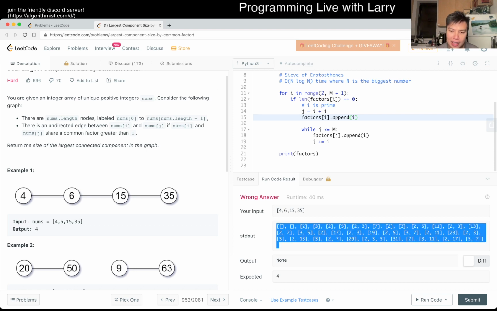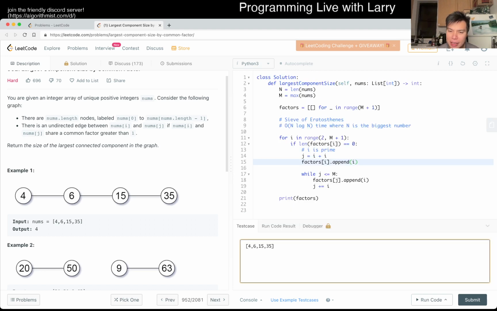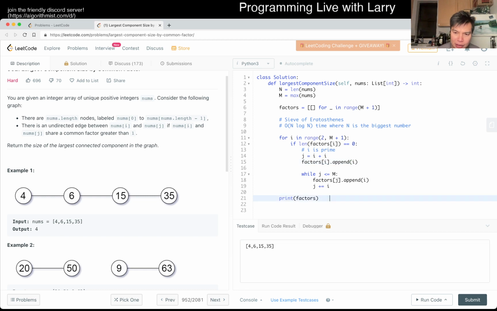Because for 6, if you store 2, then 6 divided by 2 is equal to 3, or the other way around. So I think that's probably okay. Is that faster? I don't know. It is less memory, if nothing else. Anyway, we can think about it later if we run into timing issues.